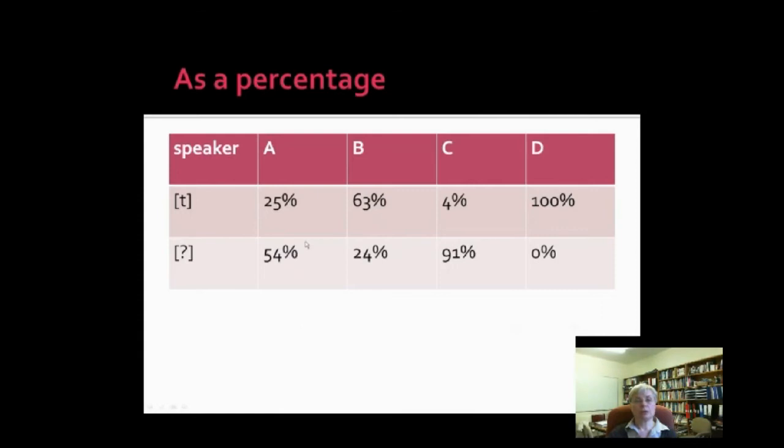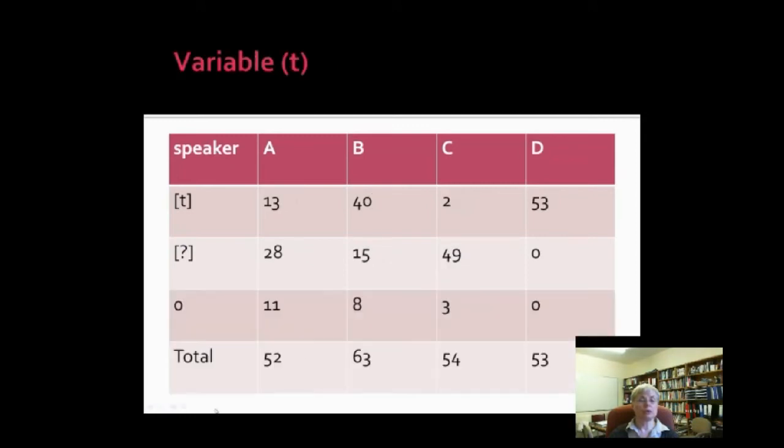So if you're going to compare things, remember that on the previous example you've actually got different numbers of totals here. So speaker A has got 52 opportunities to use the sound in the speech that they've generated for you, and speaker B has had 63 opportunities.